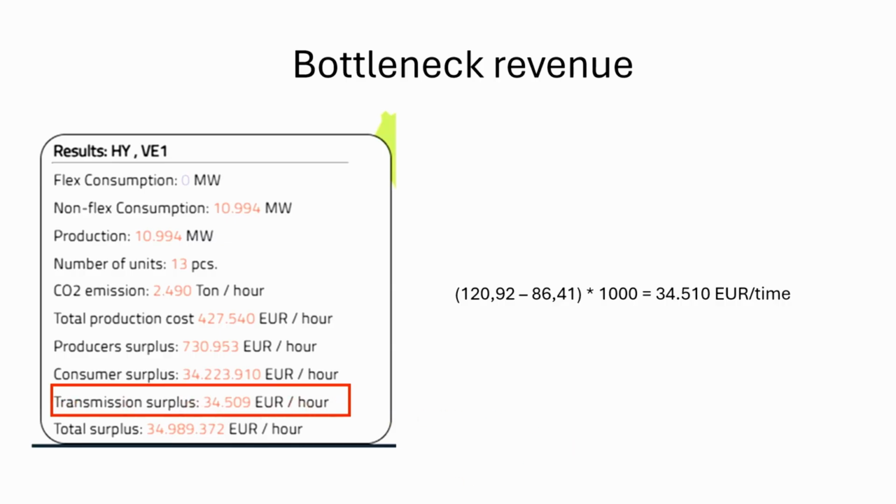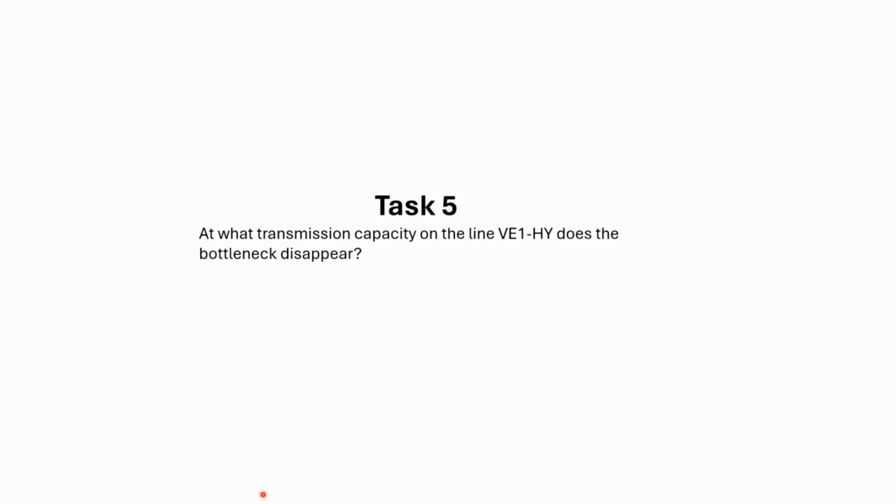So now we have finished the fourth task, and we will continue with the fifth task, where we should find the capacity on the line V1HI where the bottleneck will disappear. So we go back to the power market simulator model.